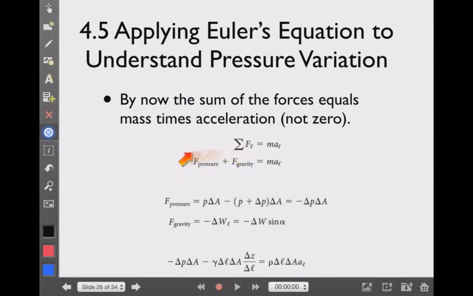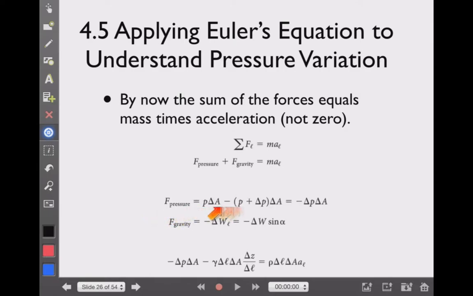And the combination of these two is just going to give us the piezometric force due to the pressure. And then we'll set it equal to ma. So it's basically the same exact derivation as for hydrostatics, except on the right-hand side we have m times a, mass times acceleration.